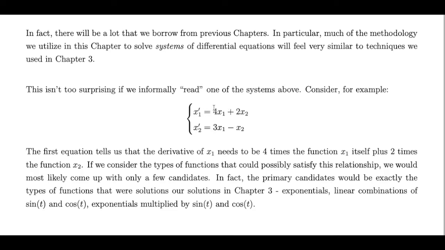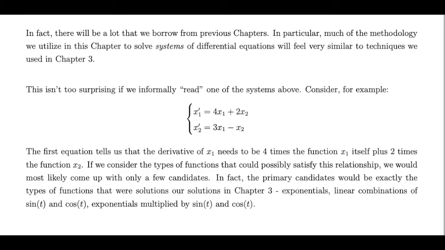If x1 is an exponential, then I could clearly imagine suppose x2 is also an exponential. I mean, suppose they're even the same exponential, e to the 2t, for example, then I could clearly imagine those two functions summing to equal the derivative of x1 because this derivative will itself be an exponential.